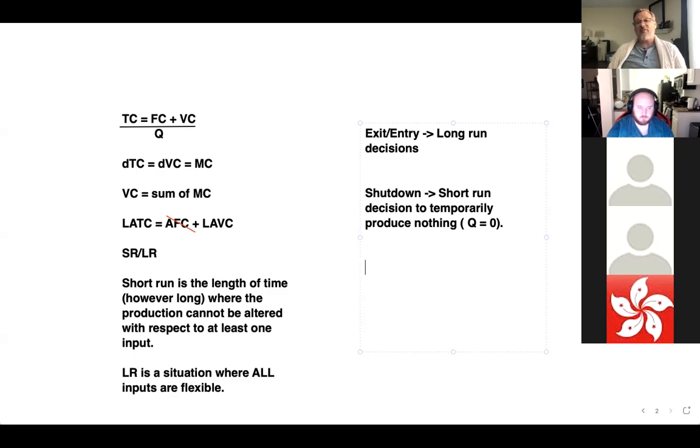So for me to tell you that ski resorts shut down in the summer months is probably a no-brainer, right? You would realize that obviously, it would be hugely expensive for them to try to provide that service when the weather's warm, right? So they just don't. And they're not exiting the industry.